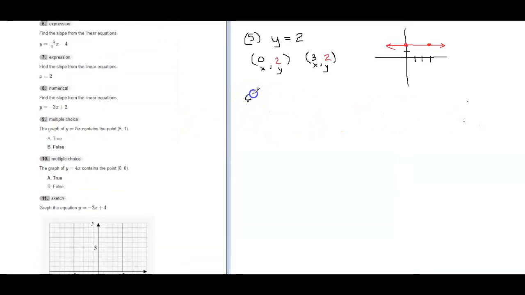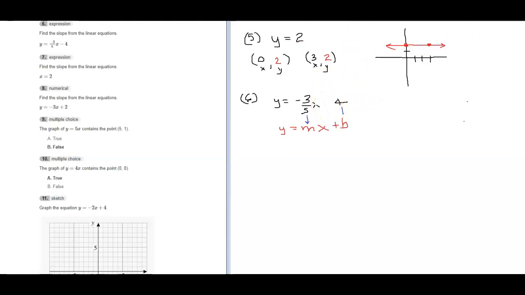And in question number 6, they ask you to find the slope from the linear equation. So they gave this linear equation, y equal negative 3/5 x minus 4. And I hope you notice this equation looks like y equal mx plus b. And if we match, we can quickly see that negative 3/5 matches with the m, and b matches with minus 4. I put plus 4, but it should be minus 4. Let me fix that.